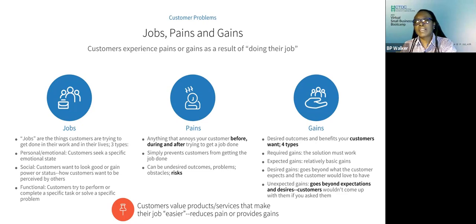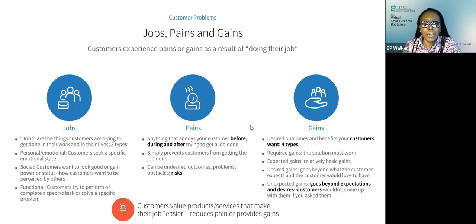And on the unexpected side, you're going above and beyond anything they could have thought about as the result of using your product. So it's a range, and you don't have to do all of it. For every product and service you offer, you don't have to have an extensive list. You just got to know what is most meaningful for your customer, that you can make sure you develop or deliver the promise to address.